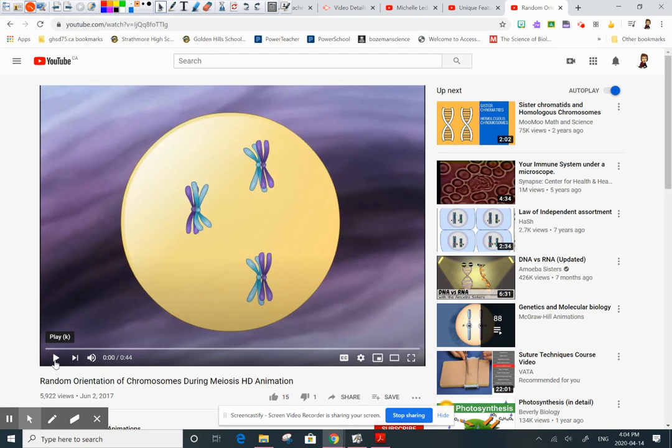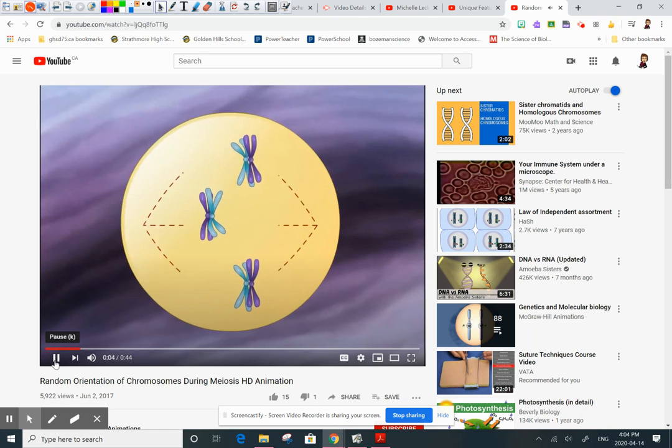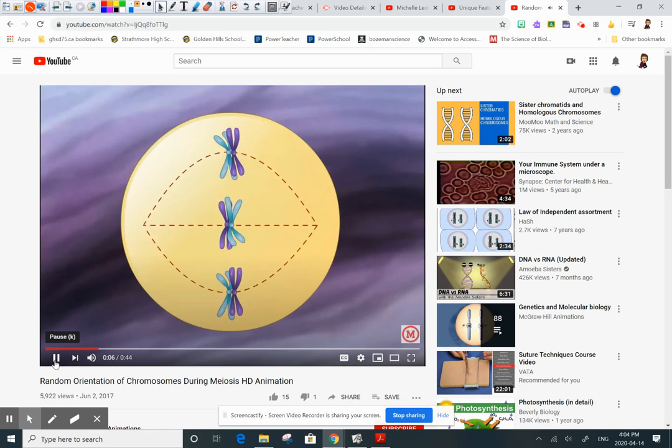So this random orientation, here's what we're talking about when we talk about independent assortment. We're talking about the way that the tetrads just randomly line up on the metaphase plate. During metaphase 1 of meiosis, each joined pair of homologs lines up on the metaphase plate. The orientation of each pair on the spindle axis is random.